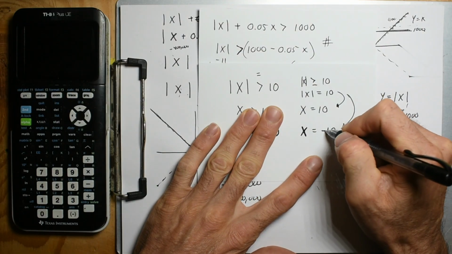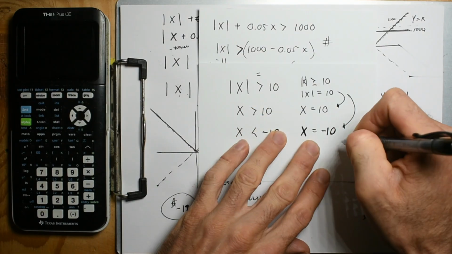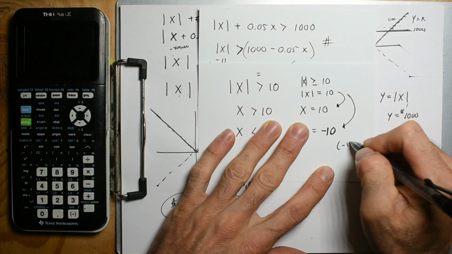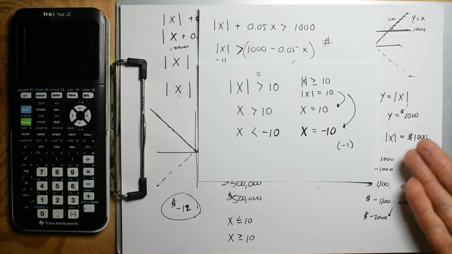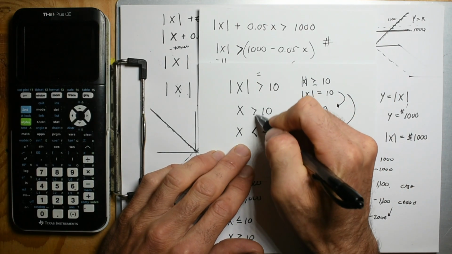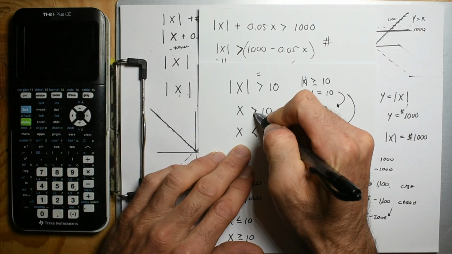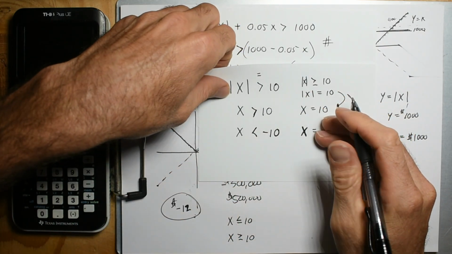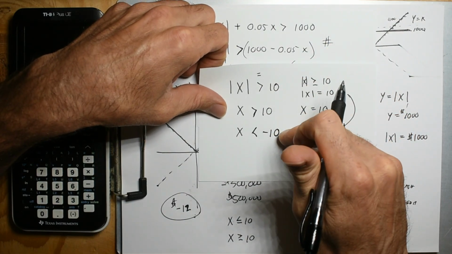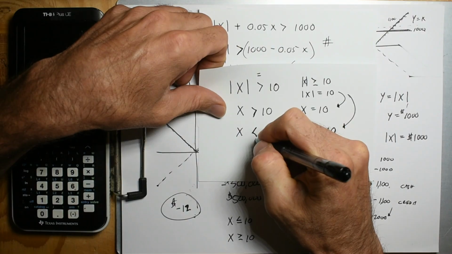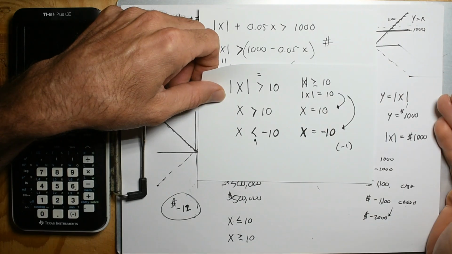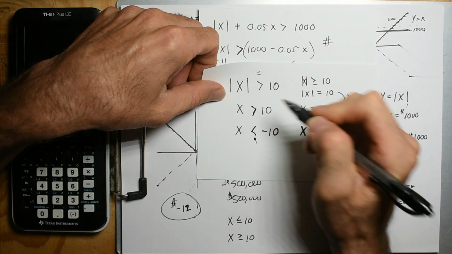I didn't find a very good way to say that changing this side to negative 10 meant that we maybe multiplied by a negative 1. And if we did that, the inequality changed. But I don't think there's any tried and true way other than just saying, hey, we're going to have two equations and the negative equation is going to flip the sign. Even just doing these equations like this, I'm not too excited about from a fundamental perspective.